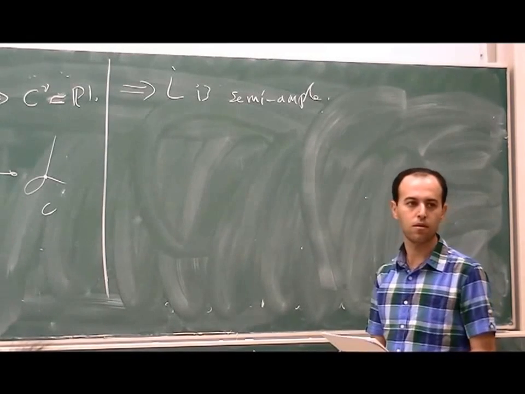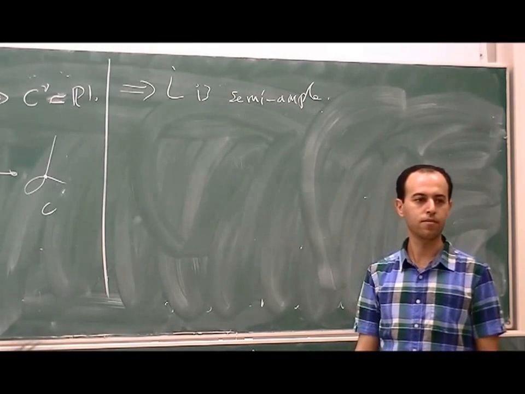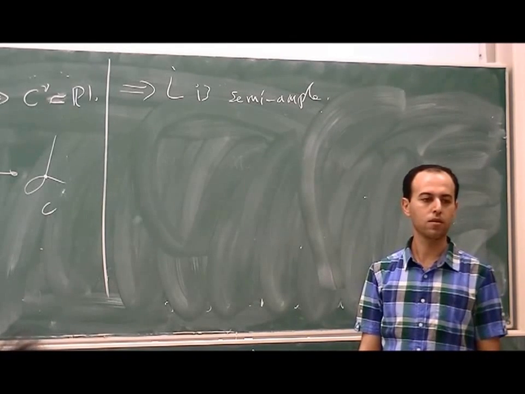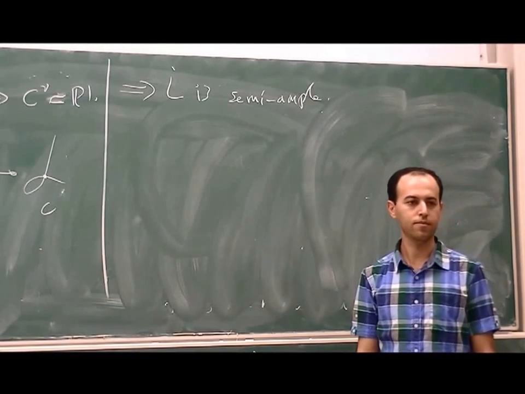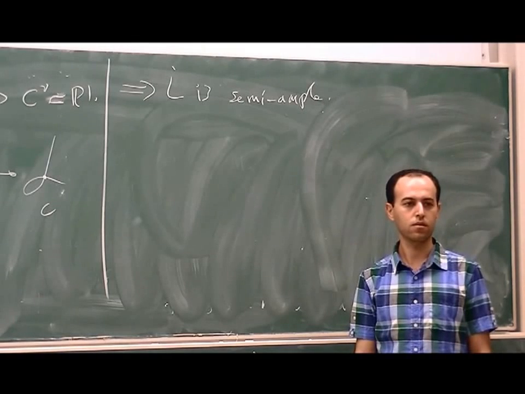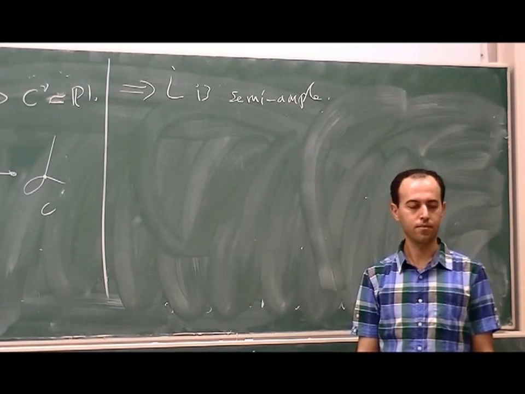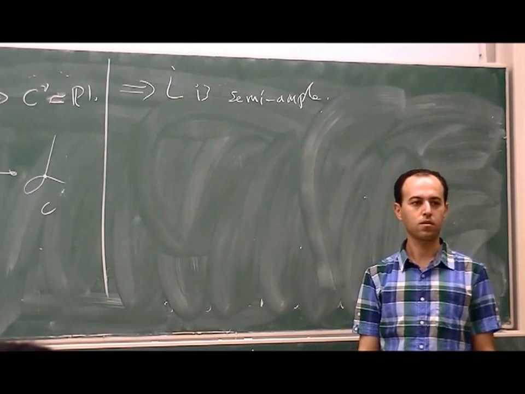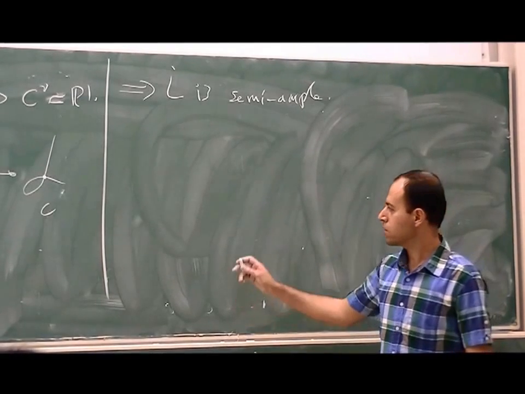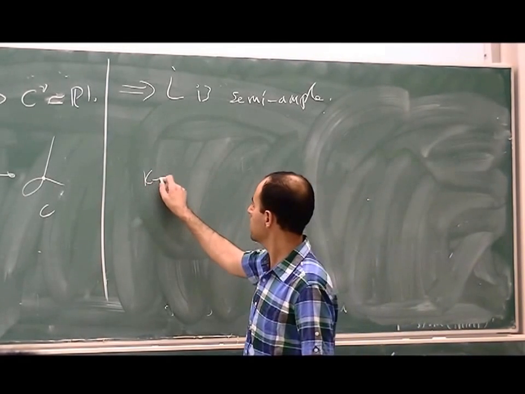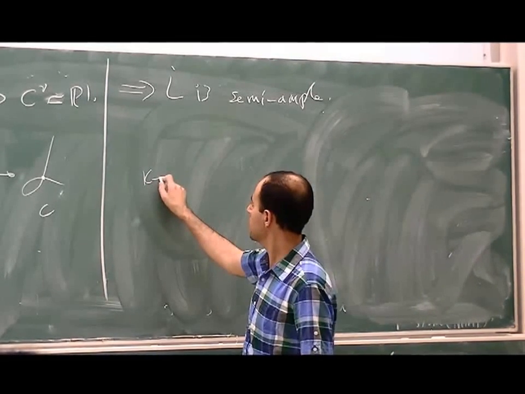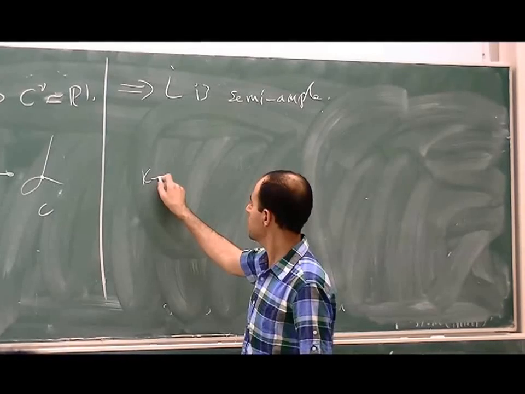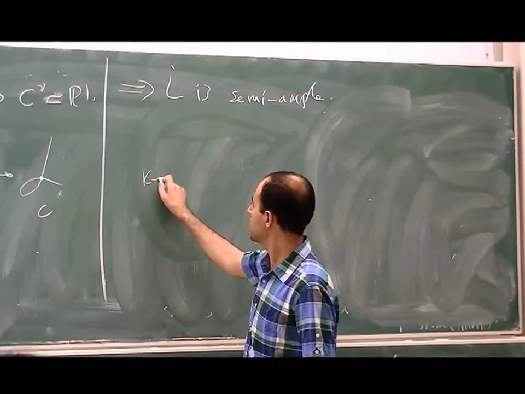So at the beginning of the proof, we're assuming there is a C where L intersect C is less than 0. That was K plus B intersection C, equal to, it was negative.